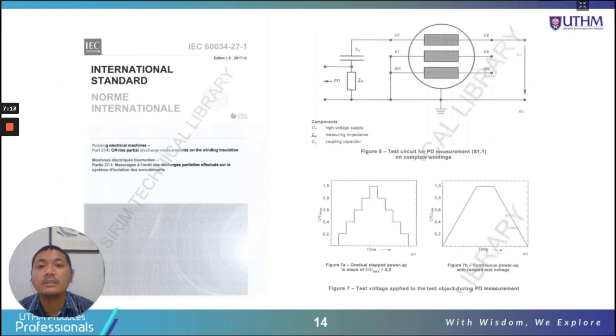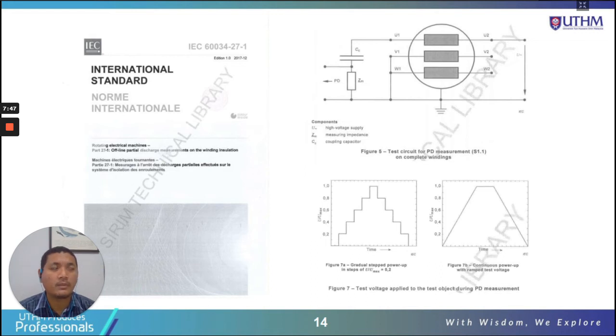So the standard is IEC 60034-27-1. For the IEC standard, you can either purchase it online, or you can go to the CIRIM Technical Library, or you can purchase it from Malaysian Standard.